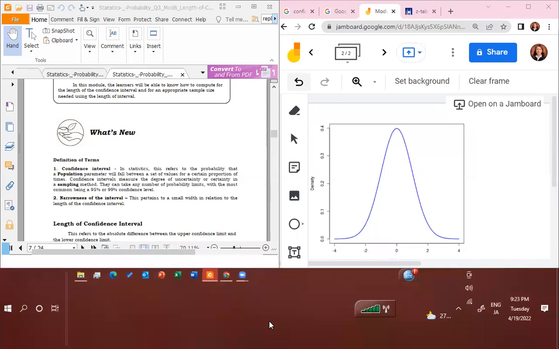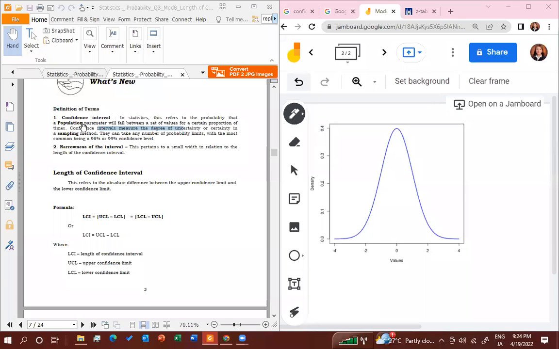Confidence intervals measure the degree of certainty or uncertainty. As I said earlier, it shows how certain we are that a value will fall between this limit and this limit. This lower one is the lower confidence limit, and this higher one is the upper confidence limit.